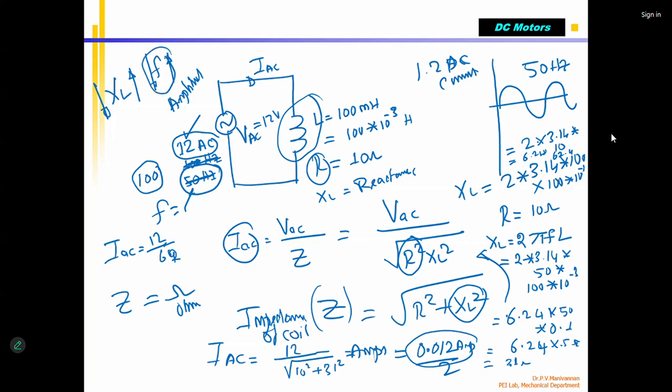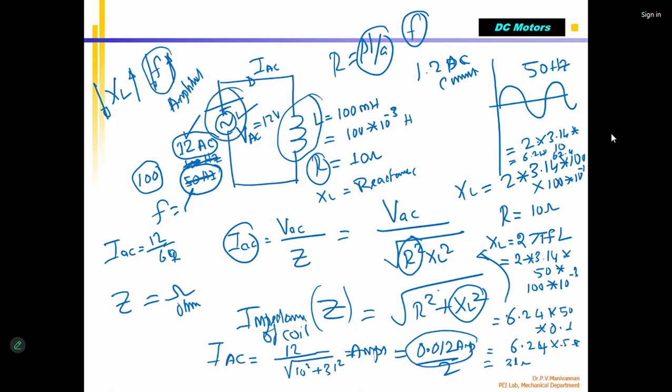So that means if I use AC voltage in an inductor, not in the resistance, the resistor value never changes, because resistance R equals rho L by A. There is no F in this rho L by A, all are fixed. Wire length, wire area, rho is the resistivity of the wire material, copper, aluminum. So R is going to remain constant, irrespective of whether you are applying AC voltage or a DC voltage.